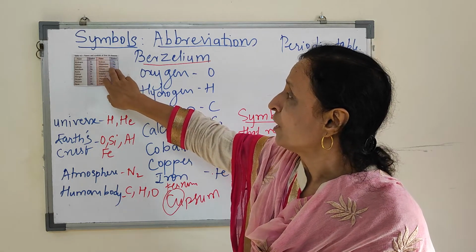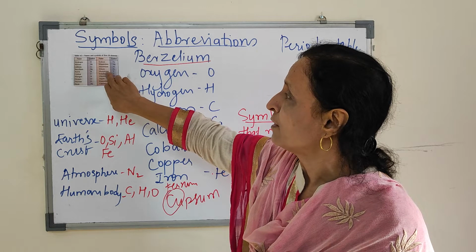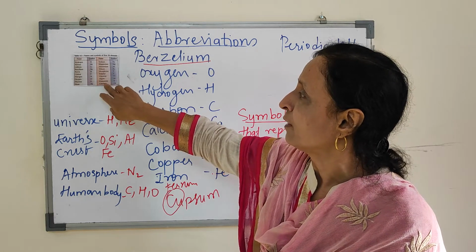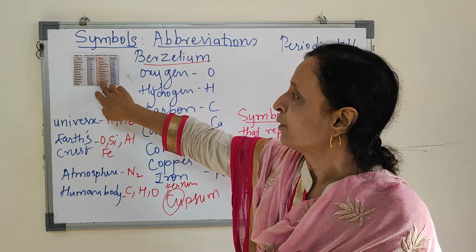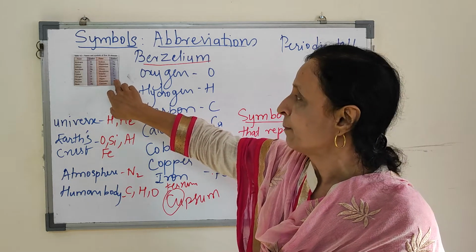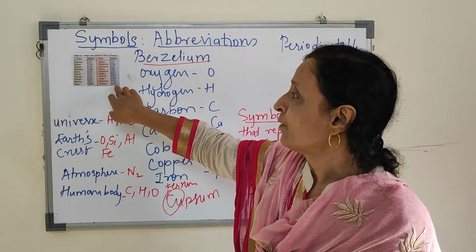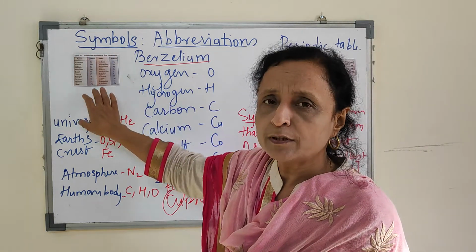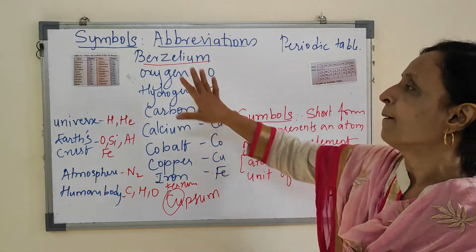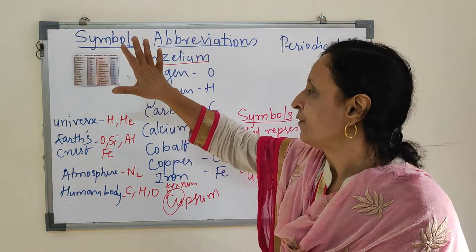Magnesium, Mg, aluminium, Al, silicon, Si, phosphorus, P, sulfur, S, chlorine, Cl, argon, Ar, potassium, again potassium is from P, but the symbol is given from the Latin name, K. Calcium, Ca. So these are the symbols for the 20 elements. You have more elements to study, but right now we start with this.